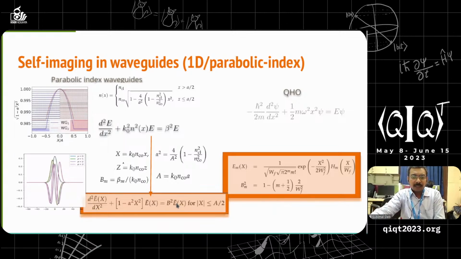At this point, we note that it has a one-to-one correspondence with the quantum harmonic oscillator problem, and therefore we derive the results for the eigenmodes and the propagation constants by mapping the corresponding quantities from the results of the quantum harmonic oscillator. It can also be done in any other way, but we have introduced this quantity alpha square, and the square root of 1 minus alpha square x square will give me the refractive index profile. I'll come back to this in a while.